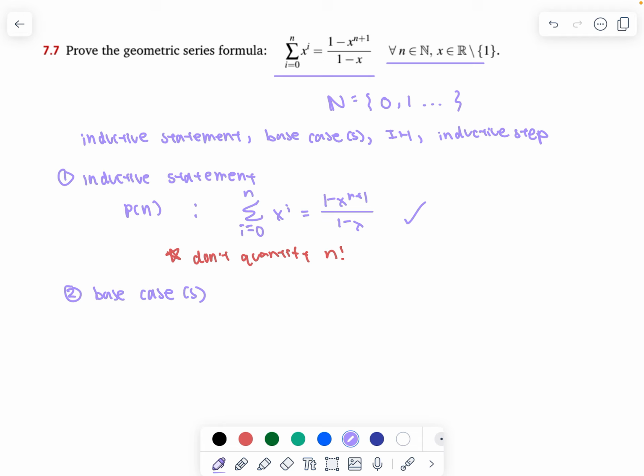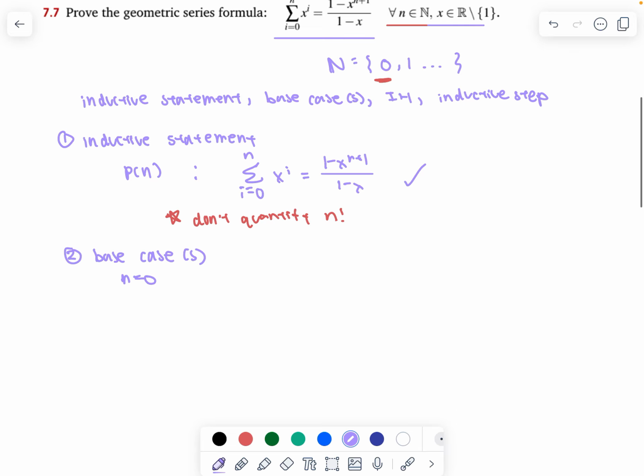So in this case, to figure out what exactly our base case should be, we can look at our problem description again, and we know, once again, that we're inducting on n, which can be in this range of the set of natural numbers, and we know that the smallest natural number we have is 0. So in this case, it makes sense that our base case should be n equals 0.